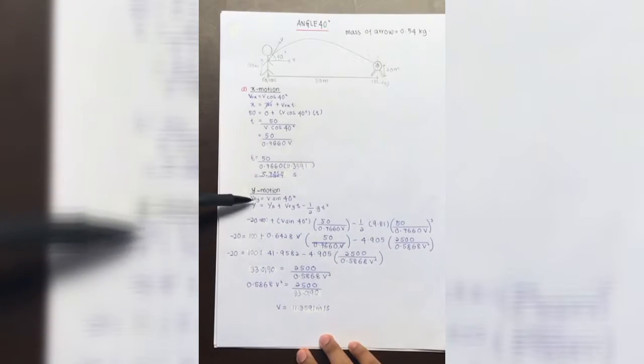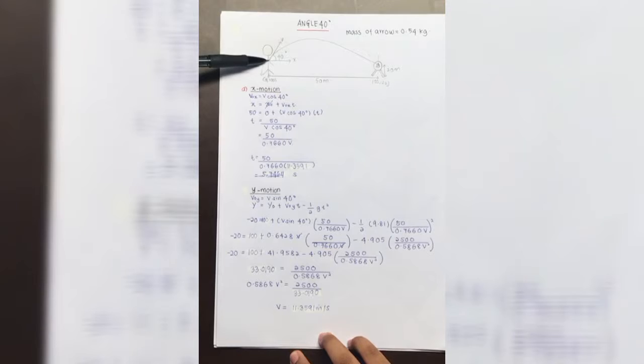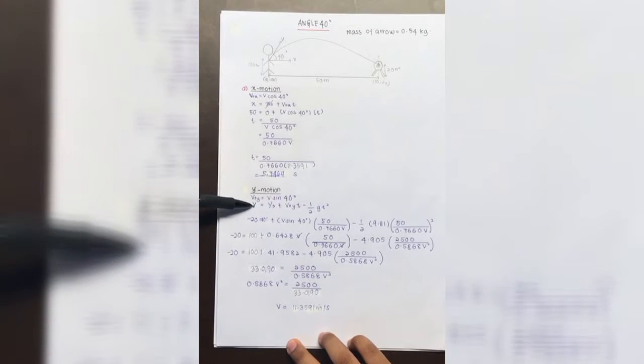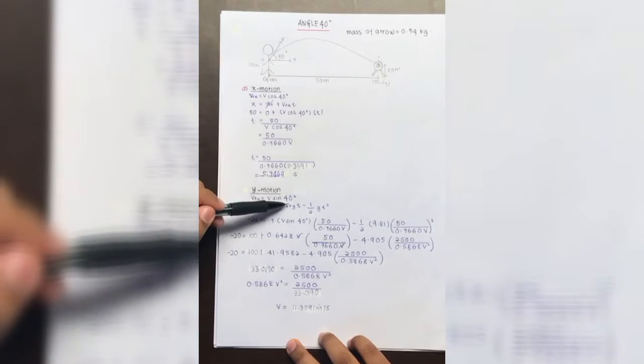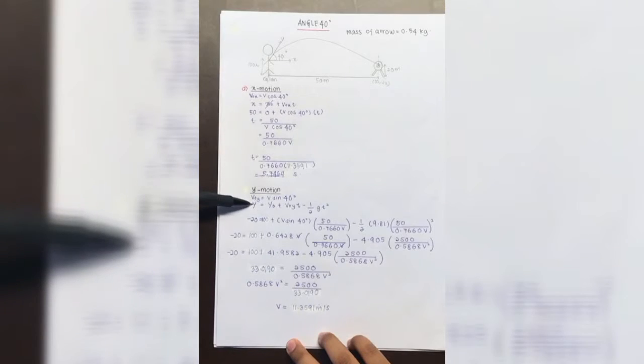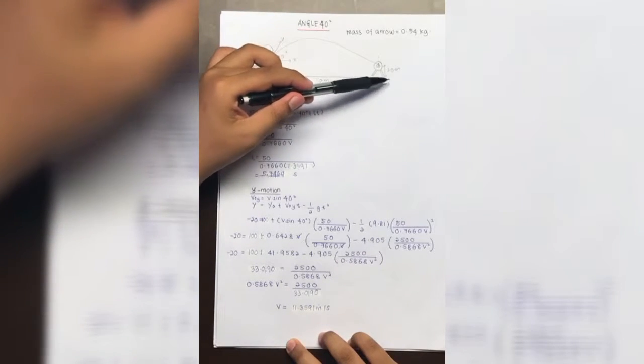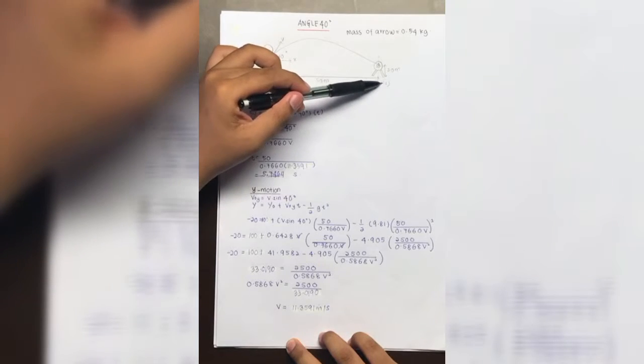For y motion, v naught y equals v sin 40, because the angle with y is far away. From the kinematic equation, we know that y equals y naught plus v naught y t minus 1 over 2 g t squared. For y, we substitute negative 20 because the coordinate for the board is 50 and 20.